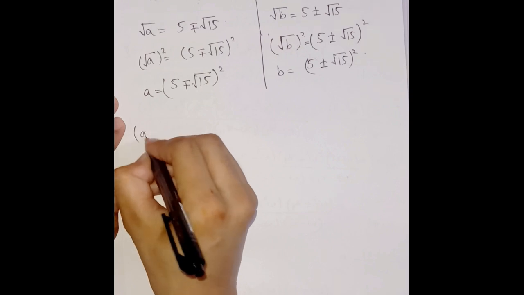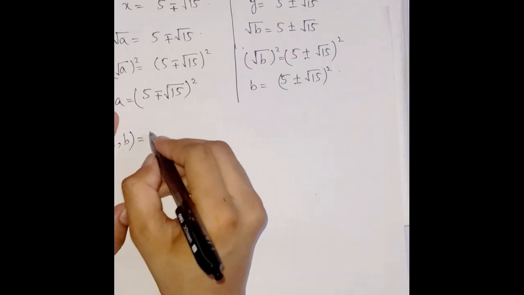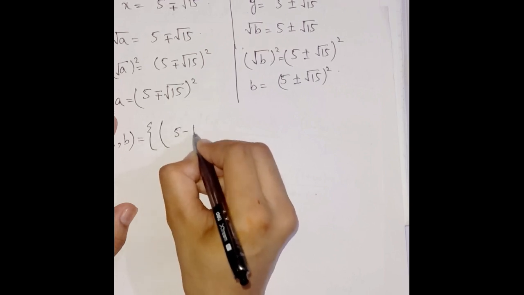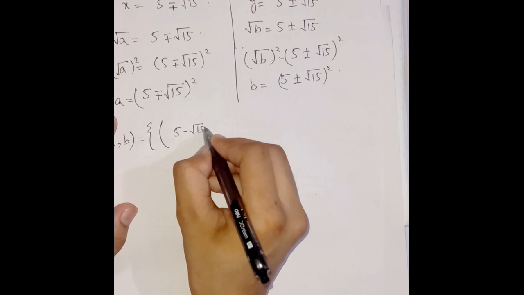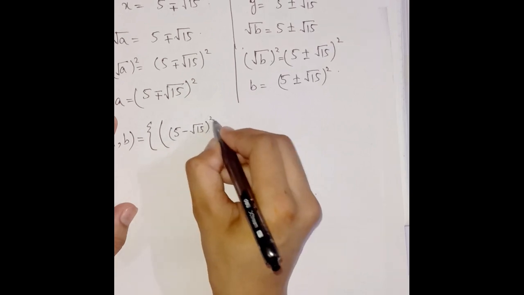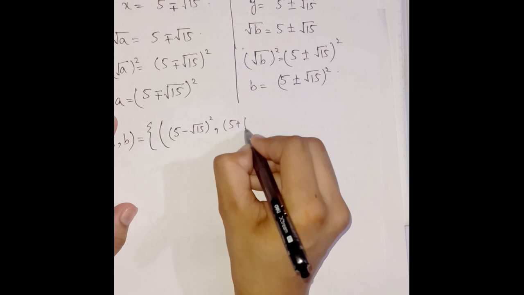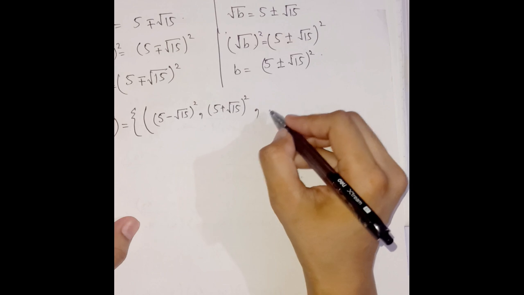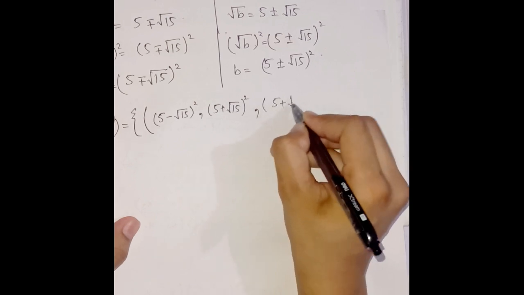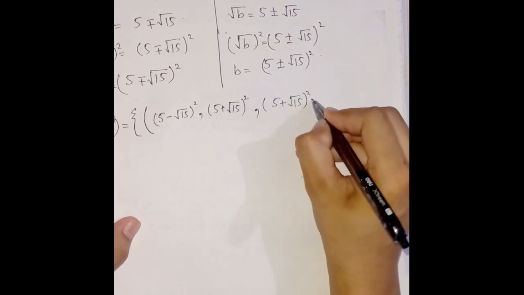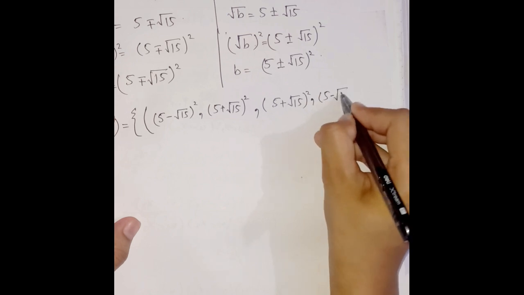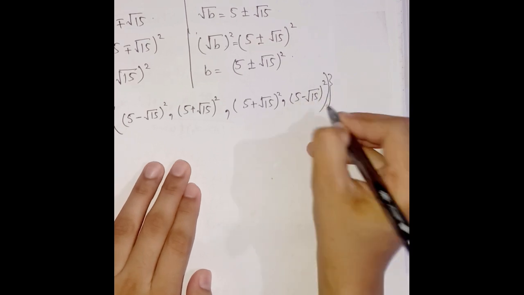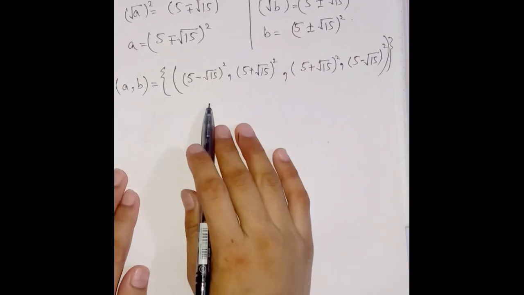So if I write the values for a and b, I have a as 5 minus square root of 15 whole square or 5 plus square root of 15 whole square. And for b, 5 plus square root of 15 whole square or 5 minus square root of 15 whole square. So this is the final answer for a and b.